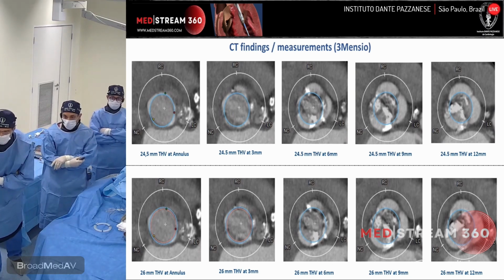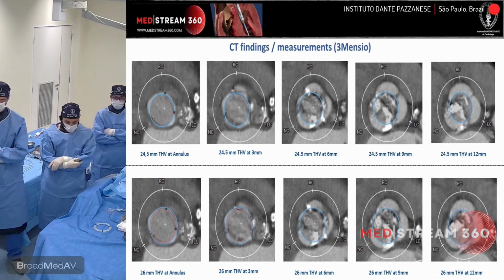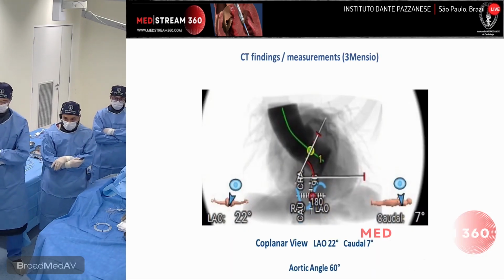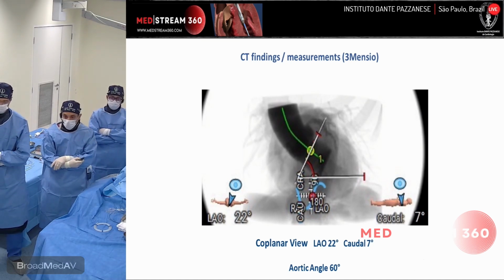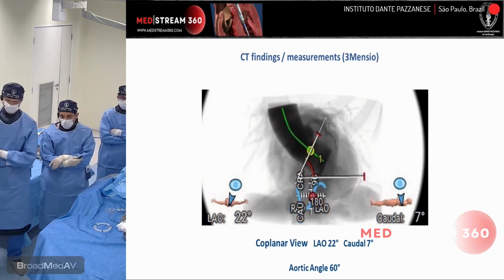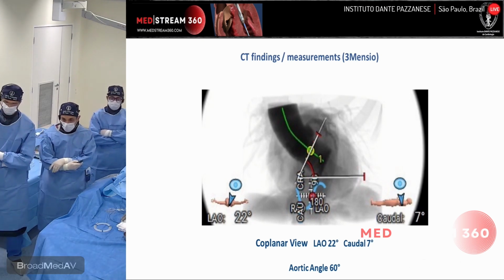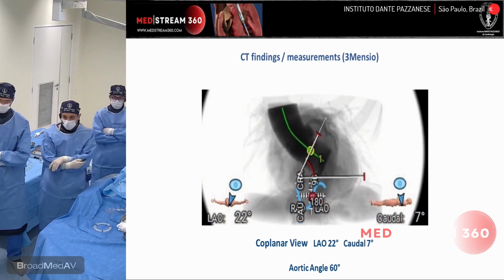And we decided here to implant a 26 millimeter valve. This is the suggested coplanar view, LAO 22, caudal 7. You can appreciate here that the valve is horizontal with an aortic angle of 60.